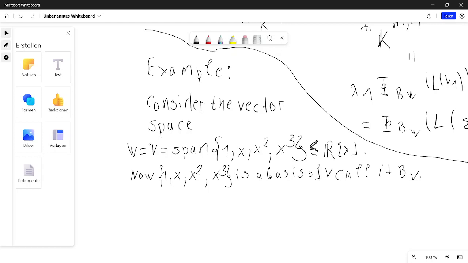So what we would do, oh well, we need not even do that. We just take an invertible matrix.